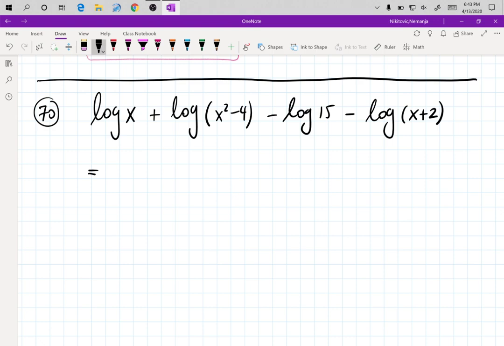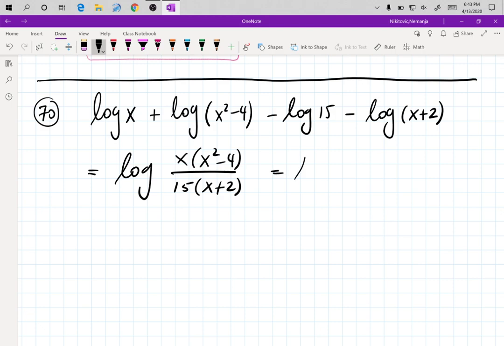So log of the division line, x squared minus 4 over 15, x plus 2. Now we're not done, because x squared minus 4 cancels x plus 2.